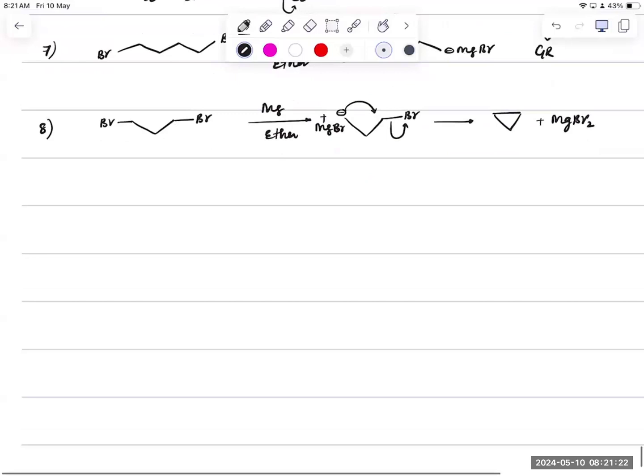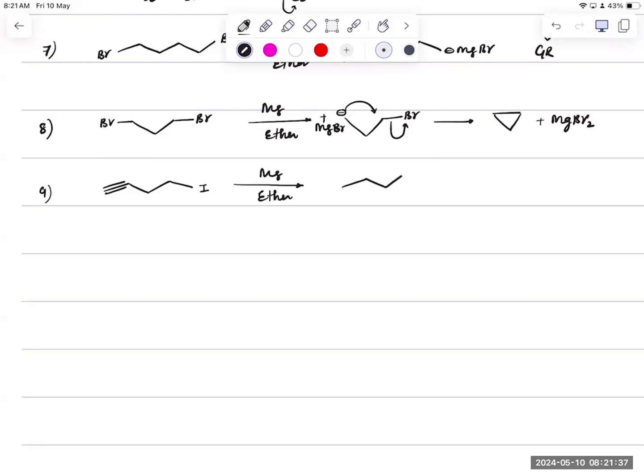Even if you have a triple bond, let's say 1, 2, 3, 4 with iodine here, and then you have a triple bond here. Here also, if I take magnesium and ether, first we will get minus and MgI plus here, and then there is a triple bond here. With a triple bond, you know that hydrogen is sufficiently acidic.